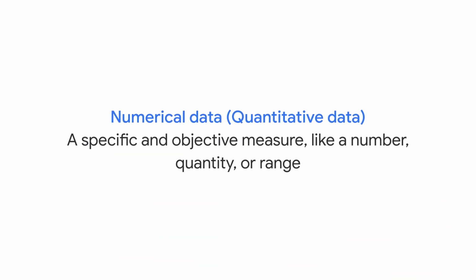Numerical data, also referred to as quantitative data, is a specific and objective measure, like a number, quantity, or range. So it's data that can be quantified, and it describes things that you can count, order, or measure, like ages, test scores, and prices.